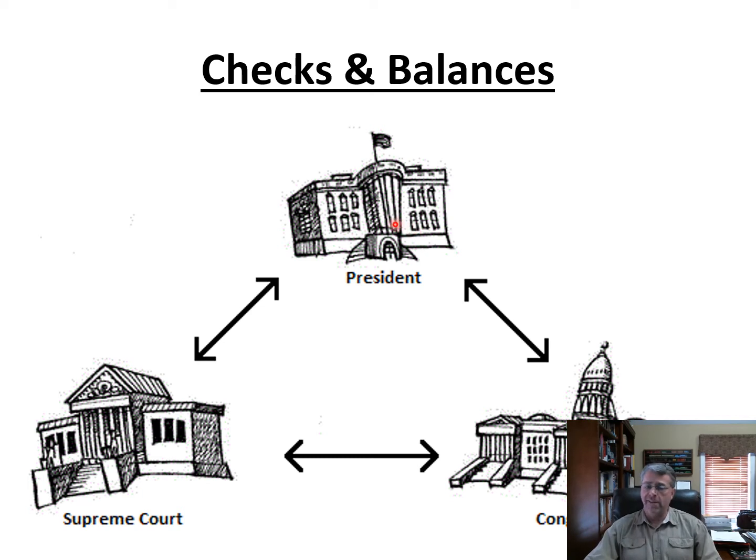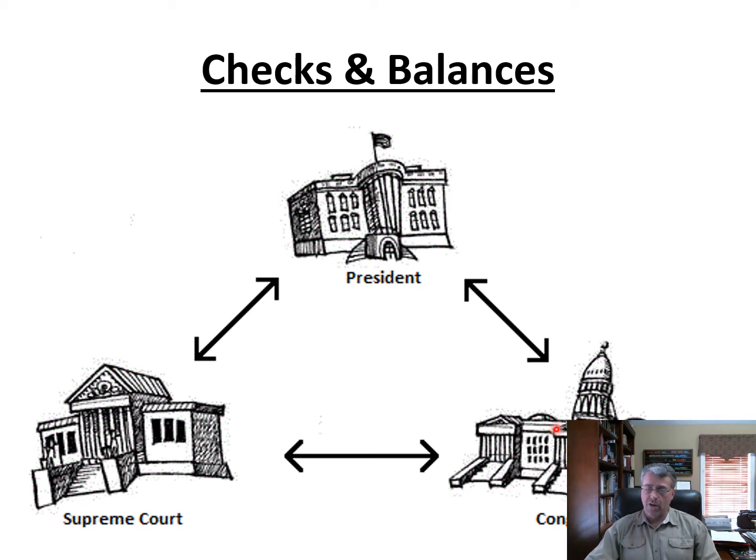A president can issue executive orders, and it's whatever he wants it to be. The president can write an executive order, but in order for that executive order to be put into effect, it has to be funded. It's going to require money to administer that executive order. Congress controls the budget.